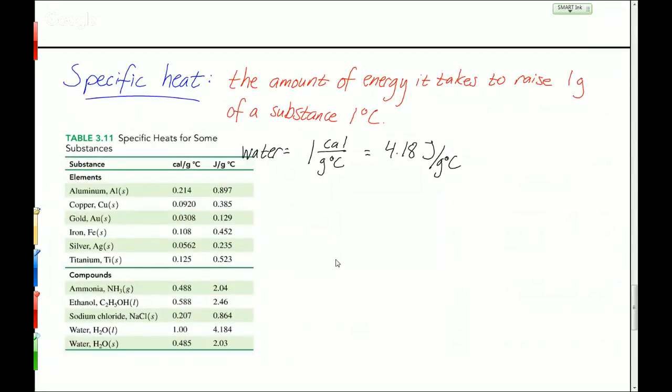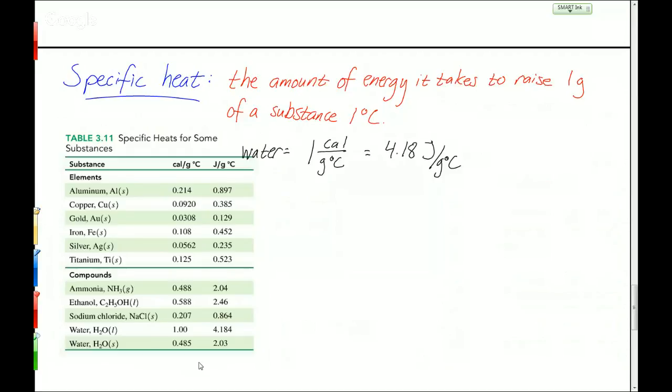So there are some specific heats of some different substances. You can compare it to water. So we've got water down here at 1 calorie per gram degree C. And you can see pretty much everything else has a lower specific heat than water. And that's another reason that water is special and why it's so important to life and all of that.